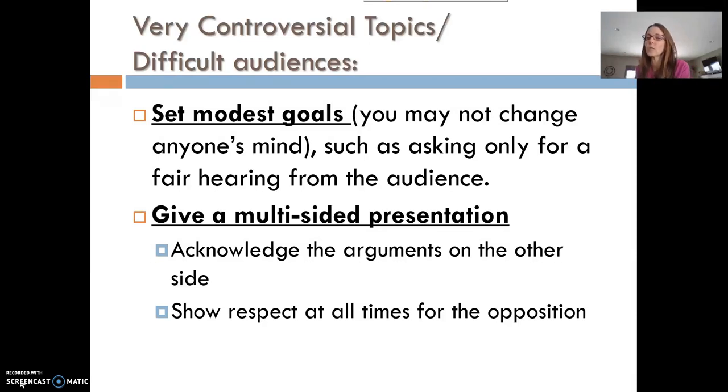But if we understand what the opposition is thinking and that they're not loose cannons, that they're not uneducated, that they're not out to hurt people, it does make it easier to accept their difference. And by accepting difference, we can maybe work to compromise, or we can get along better at minimum in our differences.